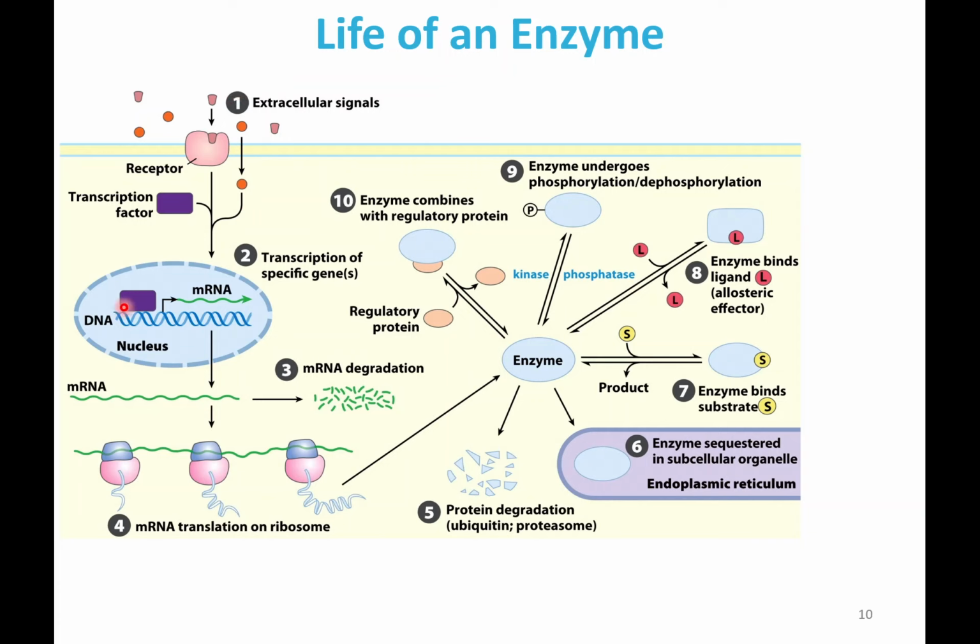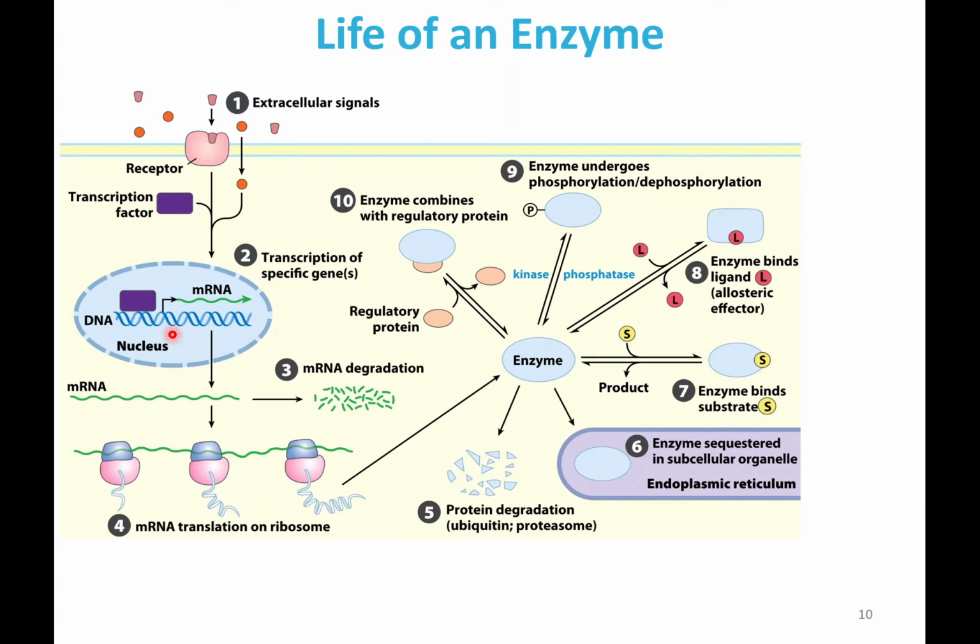Then second, you get the transcription of a specific gene for the enzyme. So the DNA is being converted into RNA, messenger RNA. The messenger RNA then has to be translated into protein. And one way you can control how much of a protein is made is by either the stability or the lack thereof of the messenger RNA.